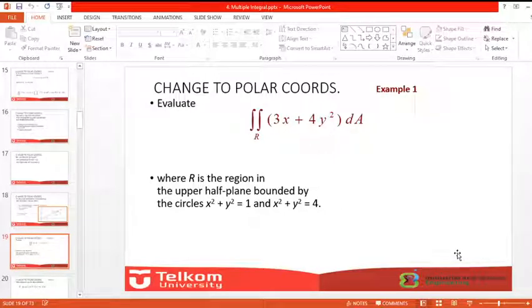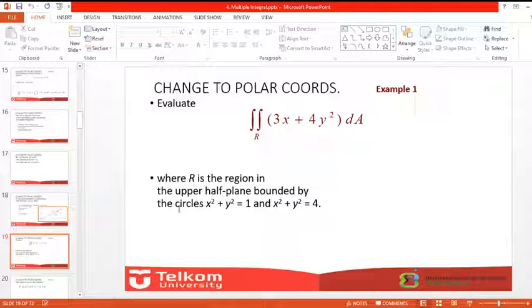Upper half plane, I'm sorry, this should be a half of a circle in the upper side. Since this is a half circle in the upper side, theta is from 0 until π.